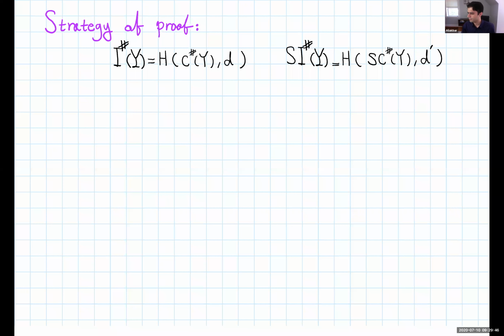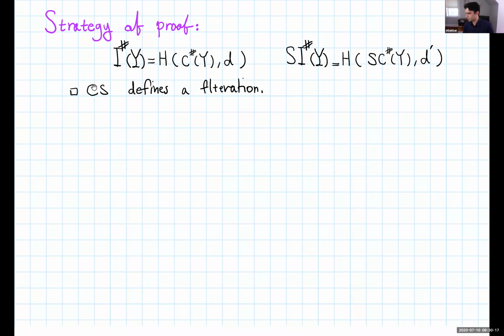Okay, I'm going to explain the strategy of the proof of this theorem, and then spend two slides on the main analytical ingredients in the proof. As we said, there are these two invariants that we want to show are isomorphic to each other. This one is the Morse homology of some functional, in this case the Chern-Simons functional.